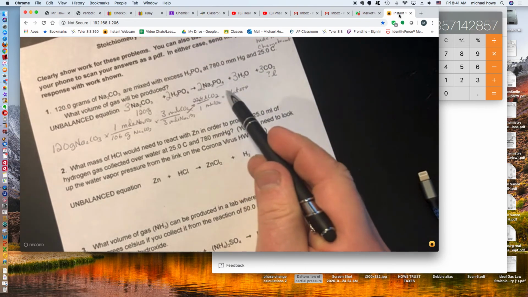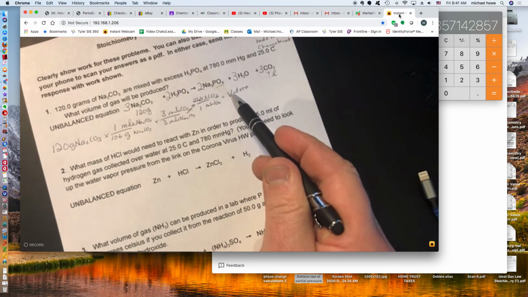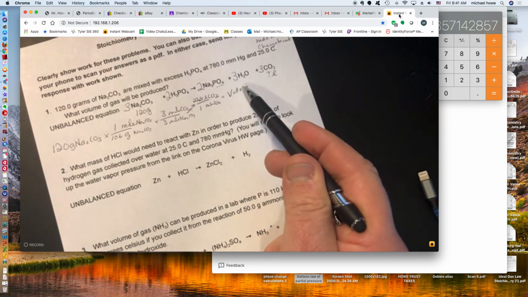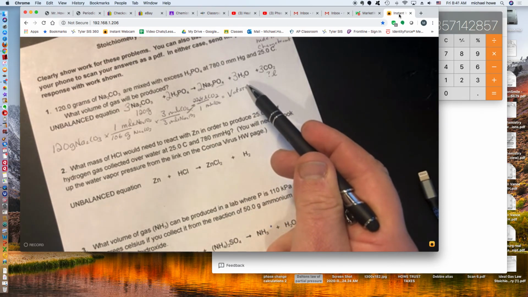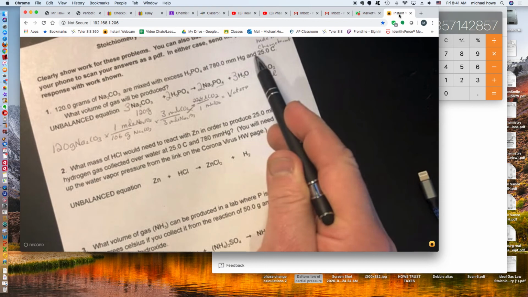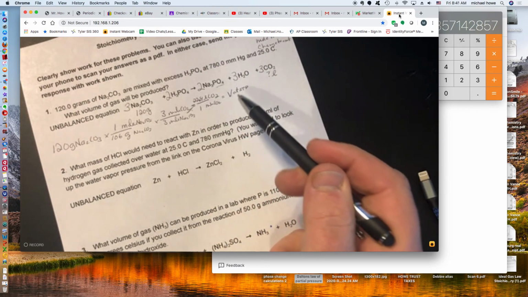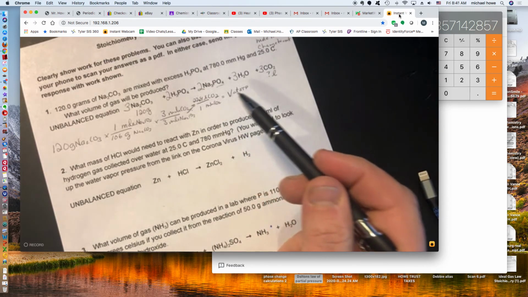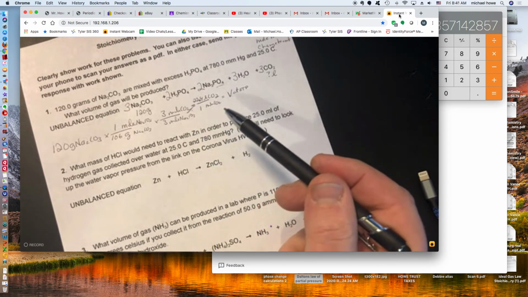So if you did this, that would give you the volume at standard, and then you would need to do a V1, V2, P1, P2, T1, T2 problem to solve for the volume at lab conditions, which are these conditions up here. So you'd have to do 1 more conversion. What this problem does, stoichiometry and gas law problems tie together the gas laws with stoichiometry.